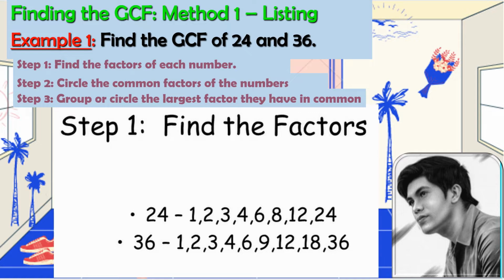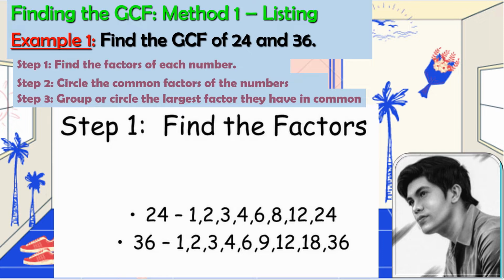So those are the factors. For example, 1 times 24 equals 24. 2 times 12 equals 24. 3 times 8 equals 24. 4 times 6 equals 24. So, you have to list all the factors from lowest to highest. Sunod-sunod. So, ang lowest factor of 24 is 1 and the highest factor is 24.